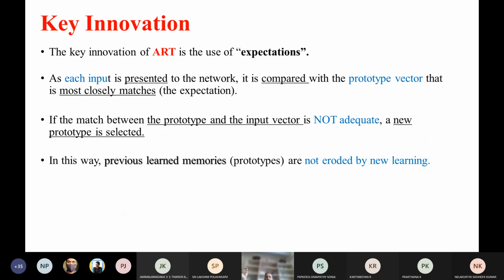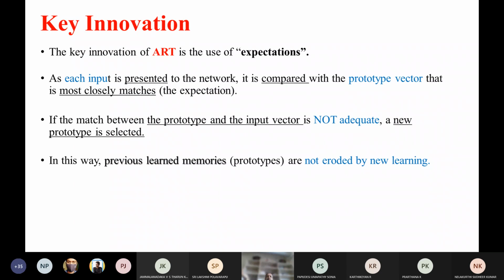Whenever I supply any input, I have already predefined categories, or predefined clusters, or predefined groups. So this particular input, whichever has been presented to the network, has to match any one of these categories. That may be considered as the expectation of the user or the operator.